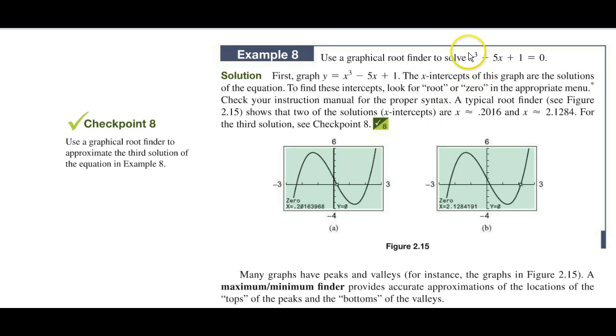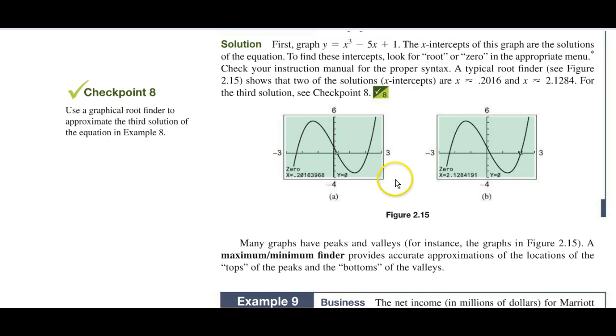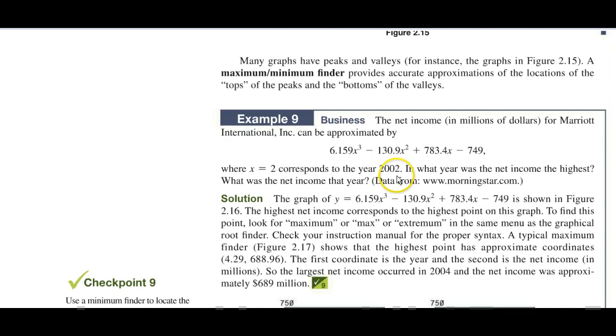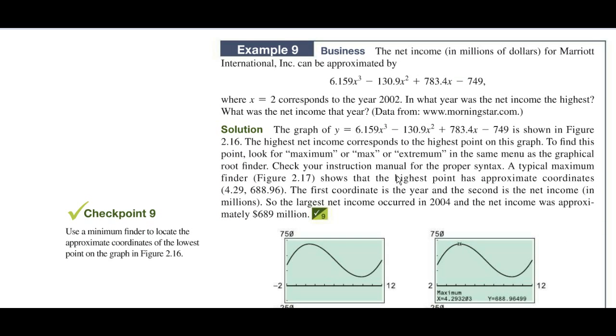Well, it's equating this equation to 0, and they're thinking, well, what values make this side of the equation equal to 0. And it's where the graph crosses the x-axis that are solutions for this. So we're looking for the x-intercepts. And again, depending upon what your instructor wants for this.